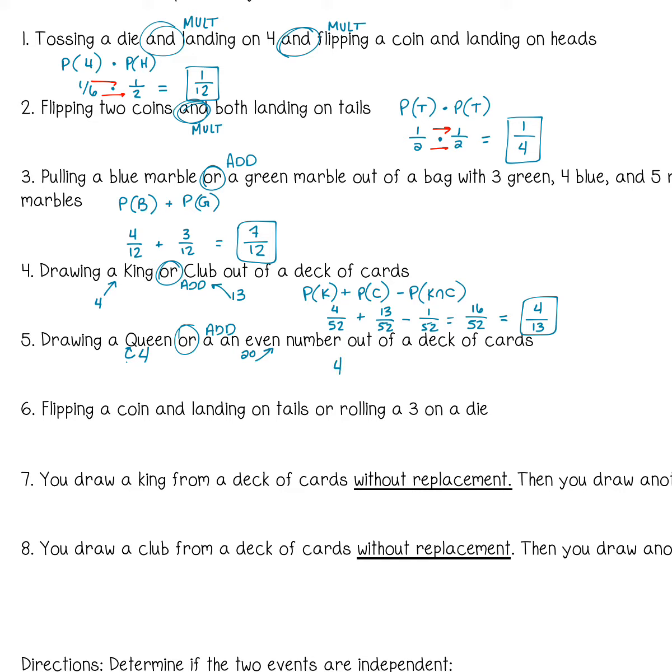So 4 out of 52, so probability that it is queen plus even, 4 out of 52 plus 20 out of 52, 24 out of 52, math frac is 6 out of 13.